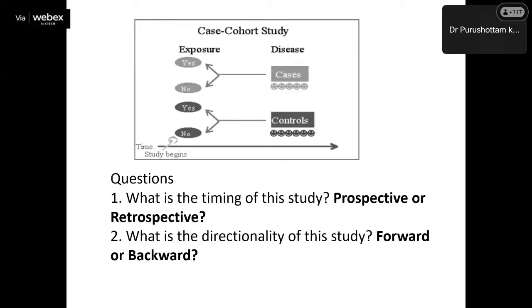Any other answer? So see, it is a mixture of case and cohort studies. The study design is like a cohort: we started and took their blood sample, so the study started at the time of taking the sample, and we go on to the disease. So no doubt the timing is prospective.